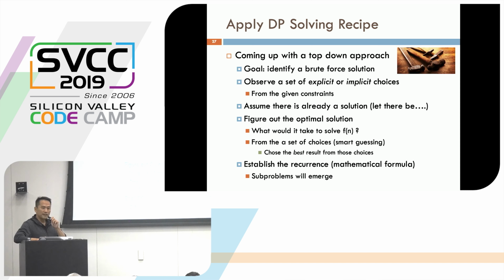And the third one is related to the previous slide that I highlighted with the red line. Assume that there's already a solution. Let there be a function that can solve some problem for you, and then how do you leverage that? Okay. This will make a lot more sense when we go through an example.